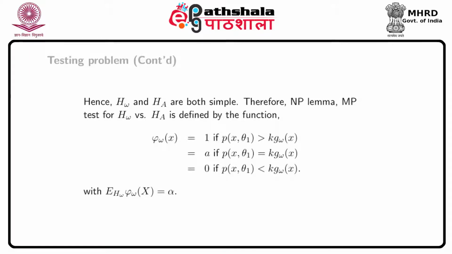So, we can apply the Neyman-Pearson lemma for getting the most powerful test for H_w against H_A, and this is defined by the function φ_w(x) equal to 1 if p(x, θ_1) is greater than k times g_w(x), equal to α if p(x, θ_1) is equal to k times g_w(x), and 0 if p(x, θ_1) is less than k times g_w(x), with expected value under H_w of φ_w(x) equal to α.